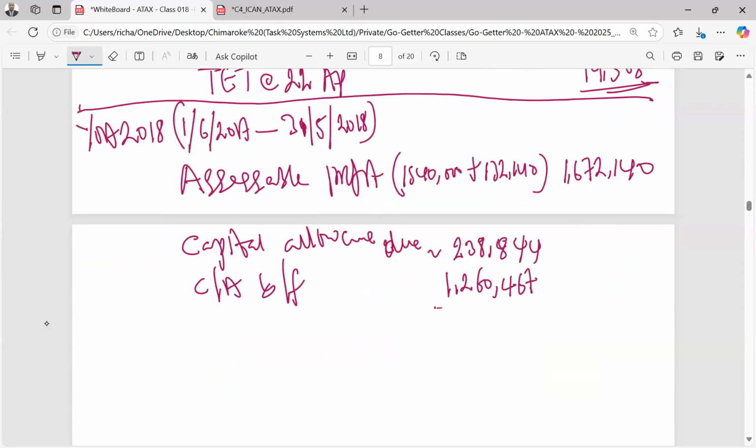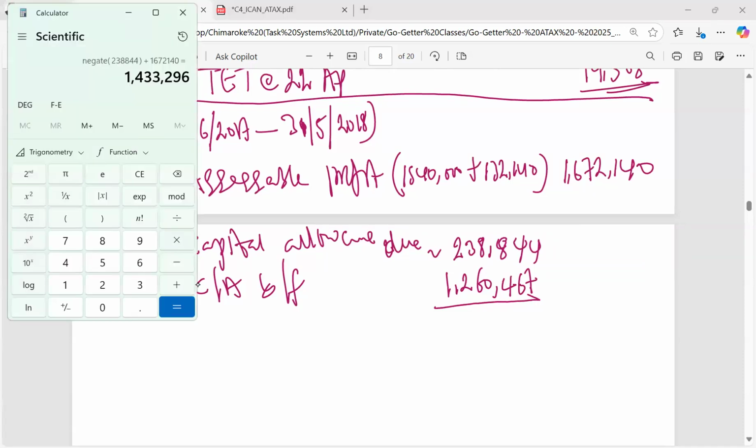So let's add them up together. 238,844 plus 1,260,467. That gives me 1,499,311.